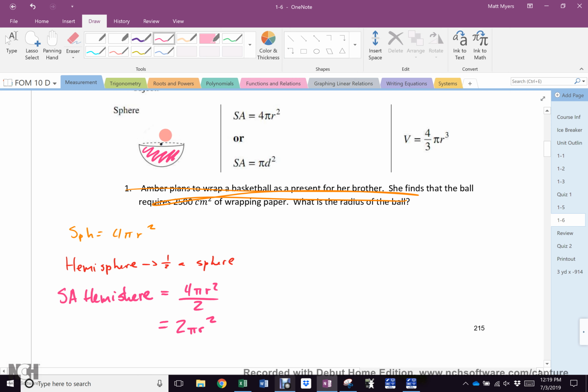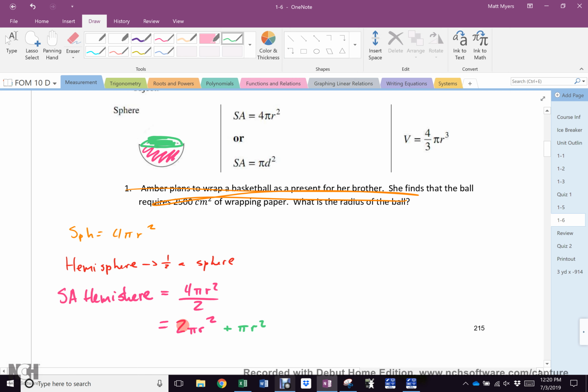What do I do to find this circle right there? How do I find the area of a circle? We've just done it like 17 times. Pi r squared. So it's 2 pi r squared plus another pi r squared.